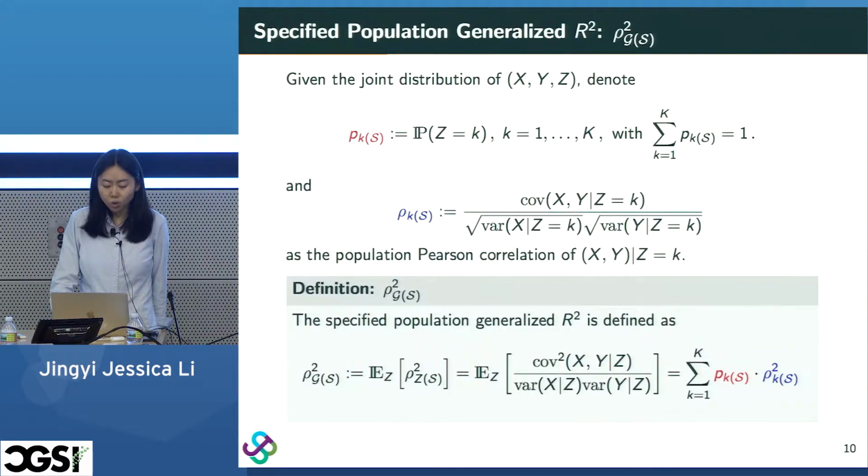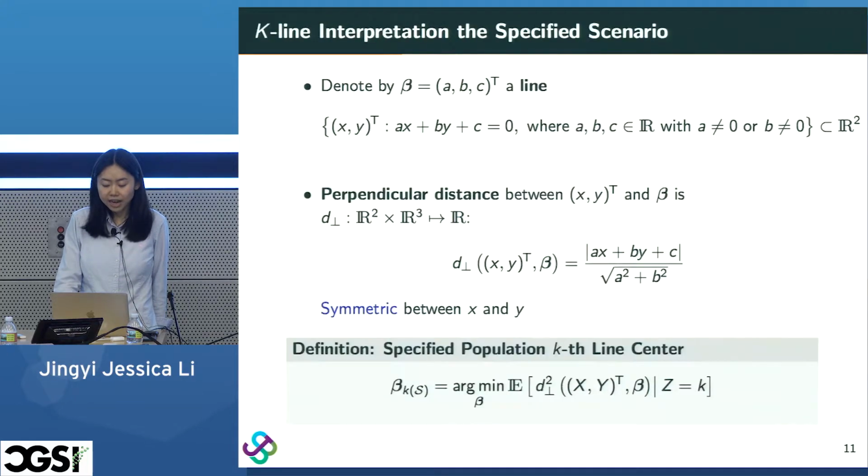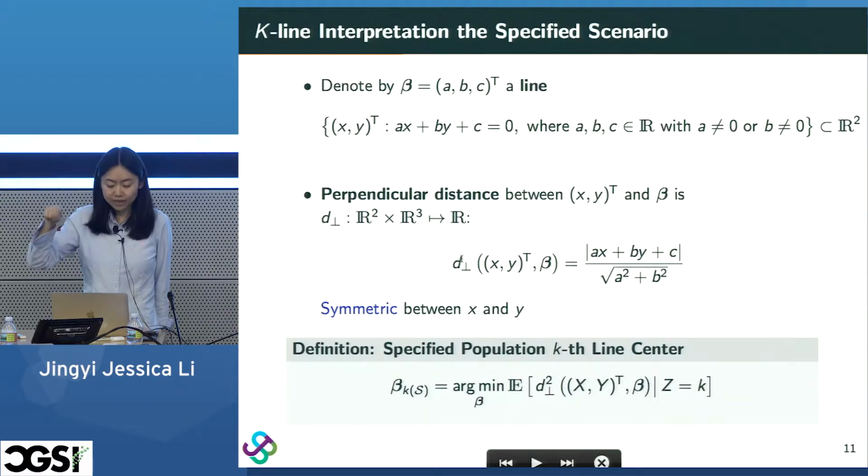Therefore, for each k value or each component, I define a center. I call it a line center. And the line center is defined as what? As the line that minimizes the perpendicular distance from any data point to that line in terms of the expectation.